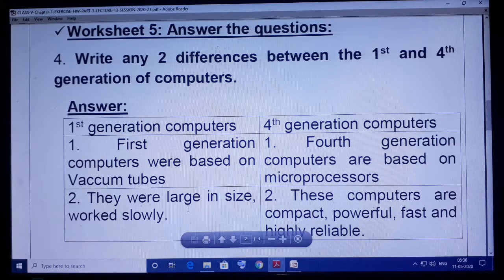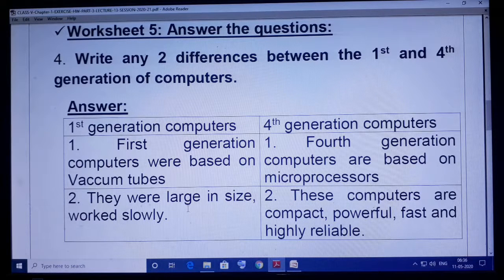First generation computers were large in size and worked very slowly. Fourth generation computers are compact, powerful, fast and highly reliable. So I think you can remember these points. Only 2 points are needed; you already have 3 points in your hand.